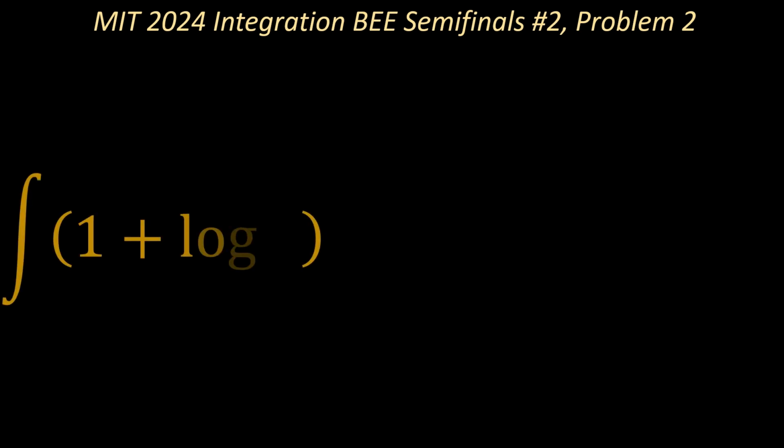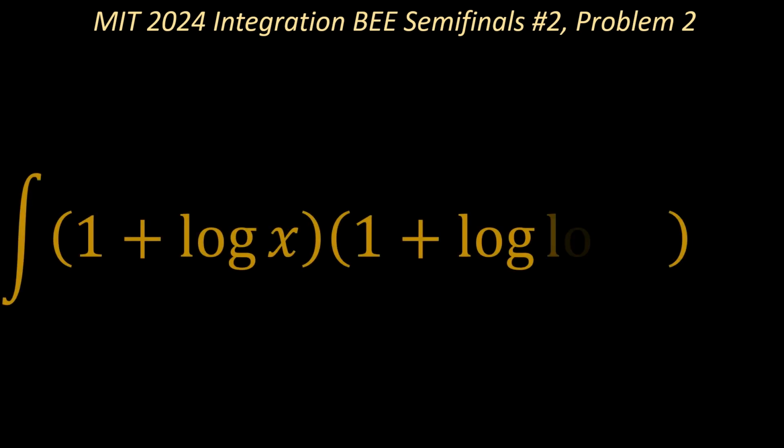So on to problem number 2 of the semifinals number 2, the MI24 integration B, which is the indefinite integral, open brackets, of 1 plus natural logarithm of x, close bracket, times open bracket, 1 plus natural logarithm of natural logarithm of x. Interesting problem.